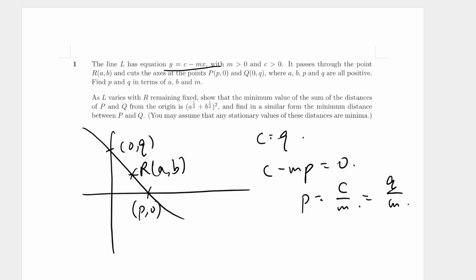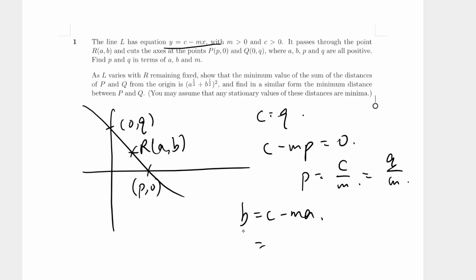And I know it passes through (a, b), so I also know that b equals c minus ma, and c is Q, so I have b equals Q minus m times a.